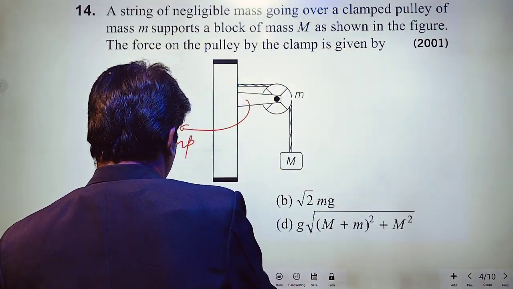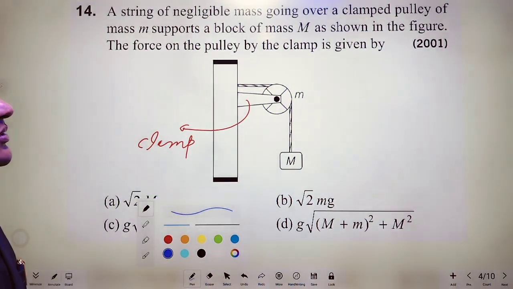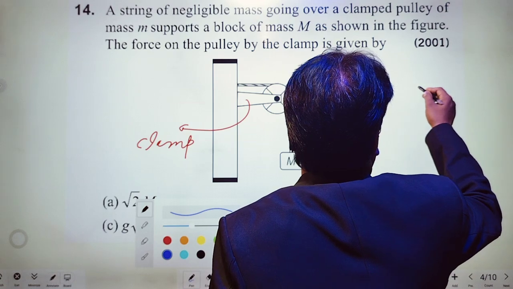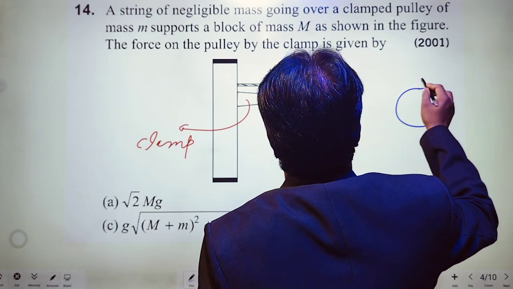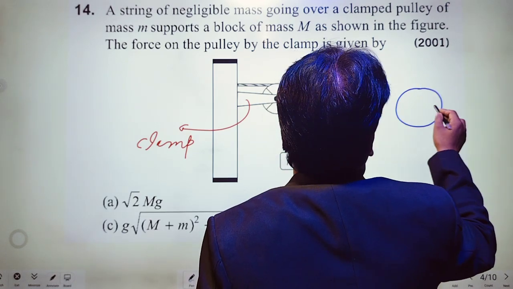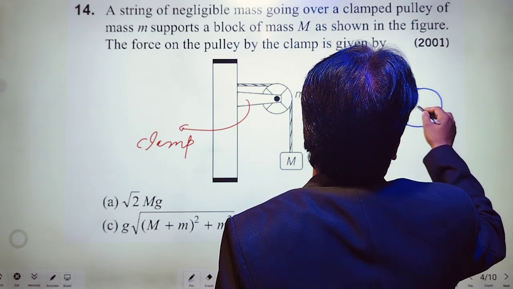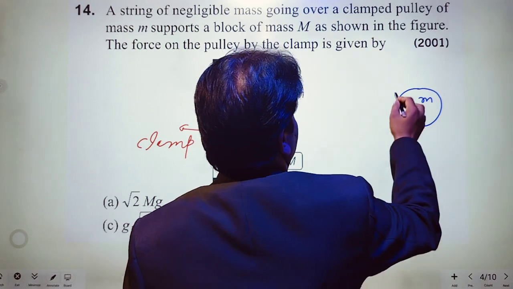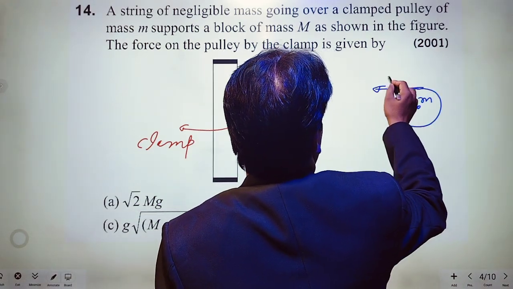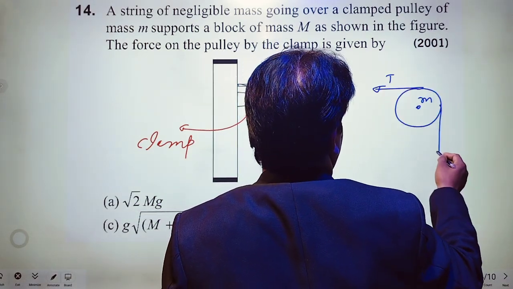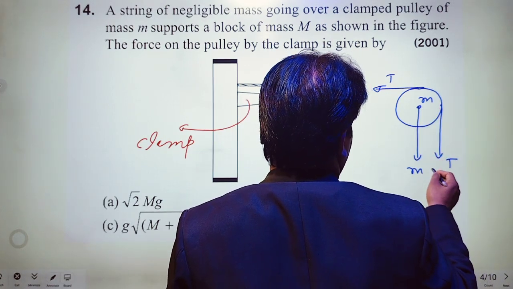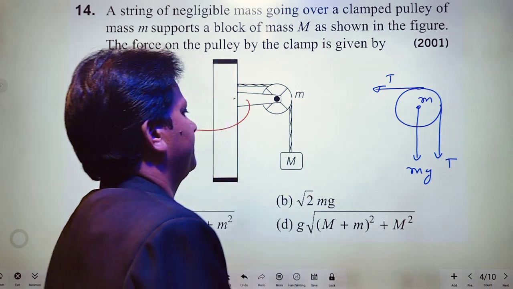First of all, we draw the free body diagram of the pulley. Pulley has mass m. This is tension T and this is tension T. And this is gravitational force mg.